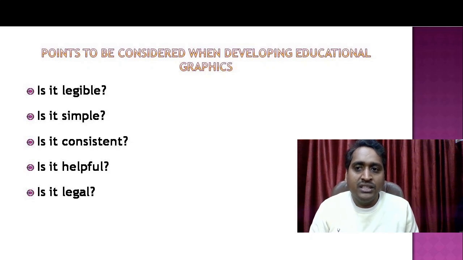Next, is it simple? A simple graphic will generally be easier to understand than a complex one, as long as it's complex enough to convey the necessary information. Is it consistent?